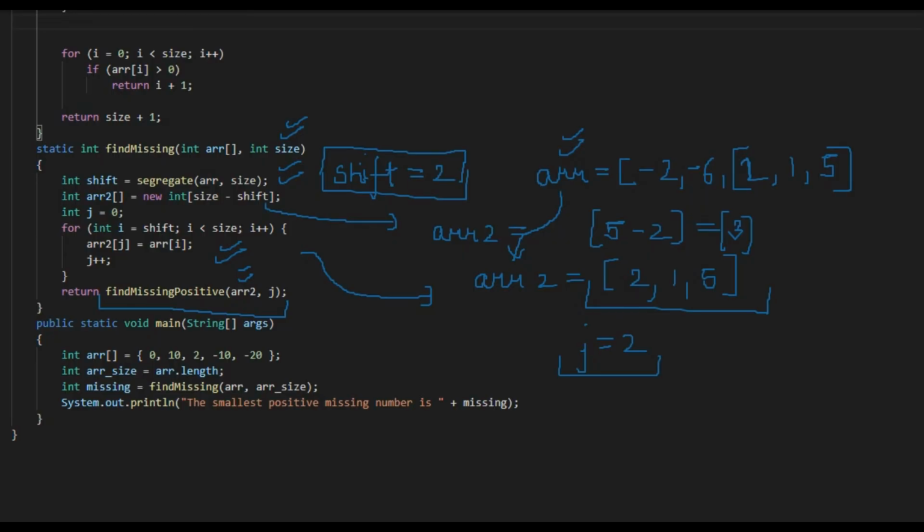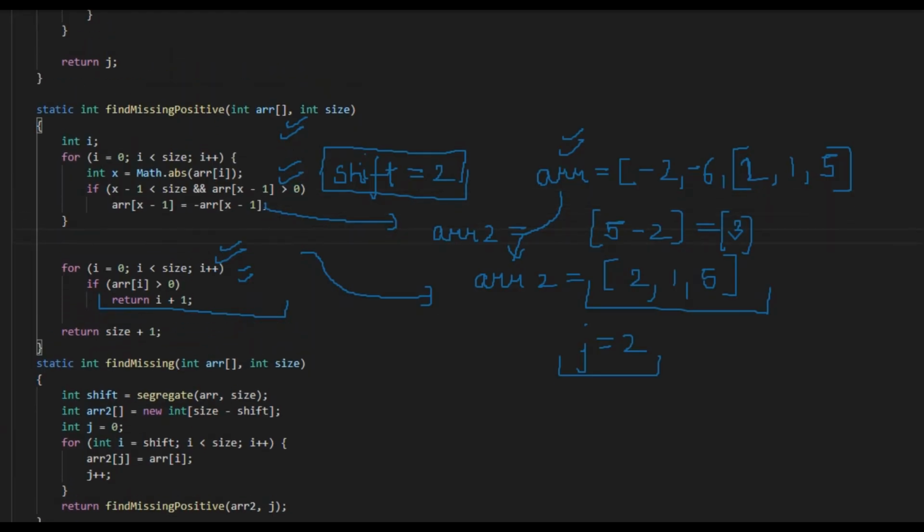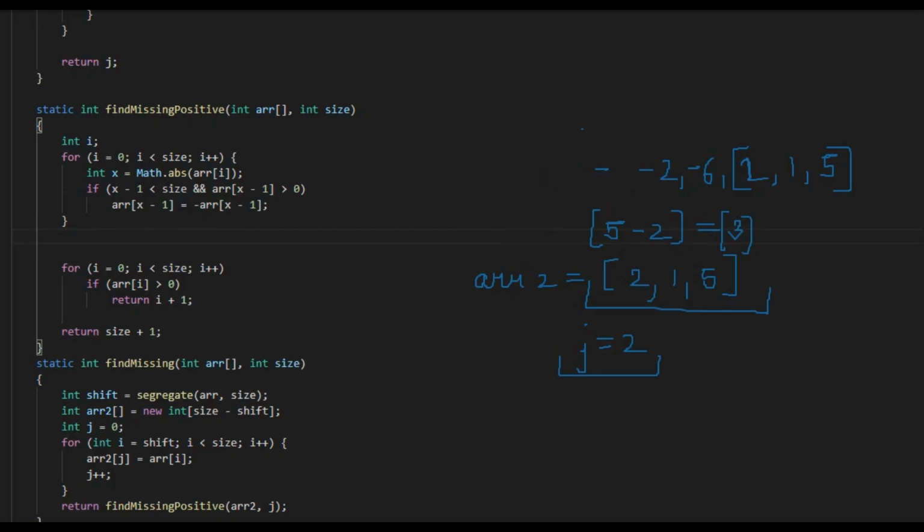Let's move up and we'll see that here it is. Let's erase some part of it to understand it better. We will have array2 only here and j.